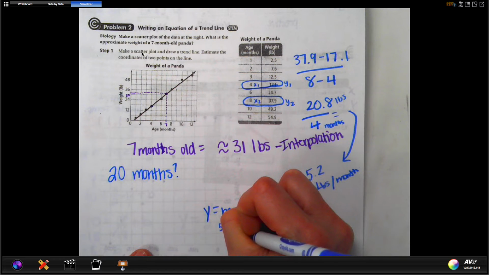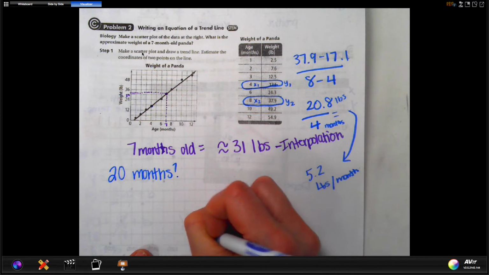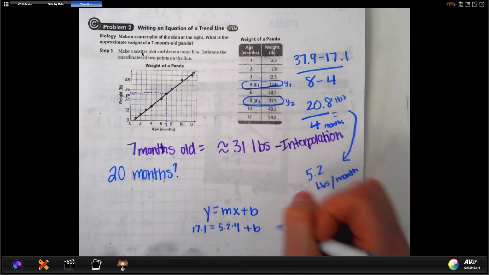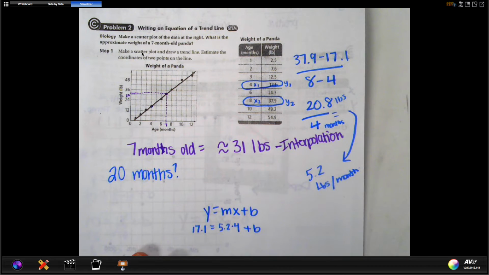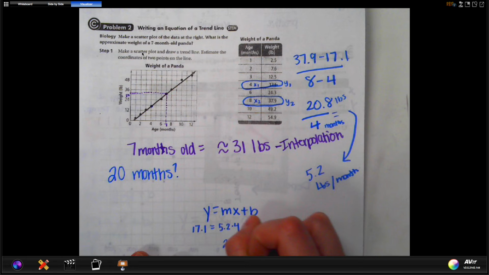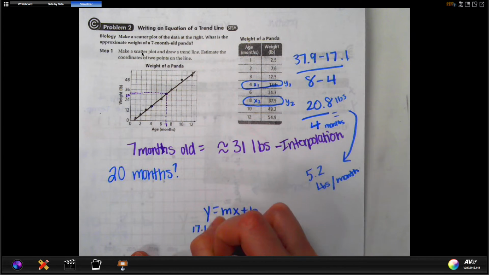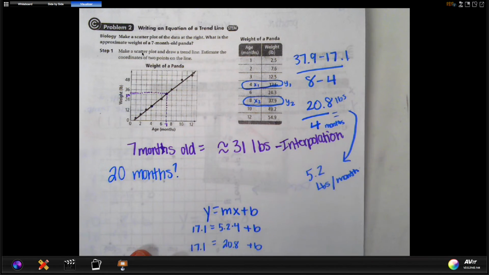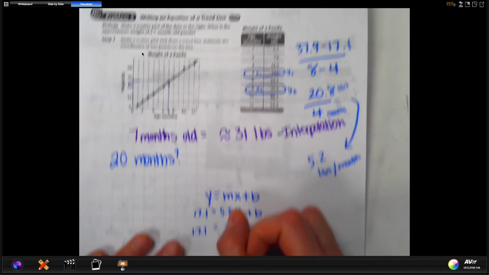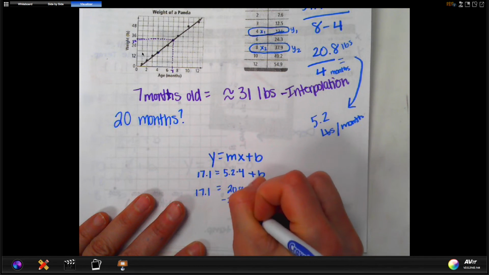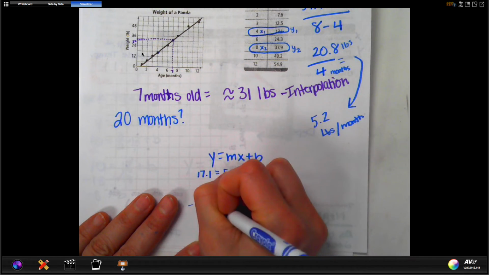So 5.2 times 4 equals 17.1 plus b. All right, well, what is 5.2 times 4? 20.8. Okay, so if I subtract 20.8 from both sides, I do get a negative number, don't I?